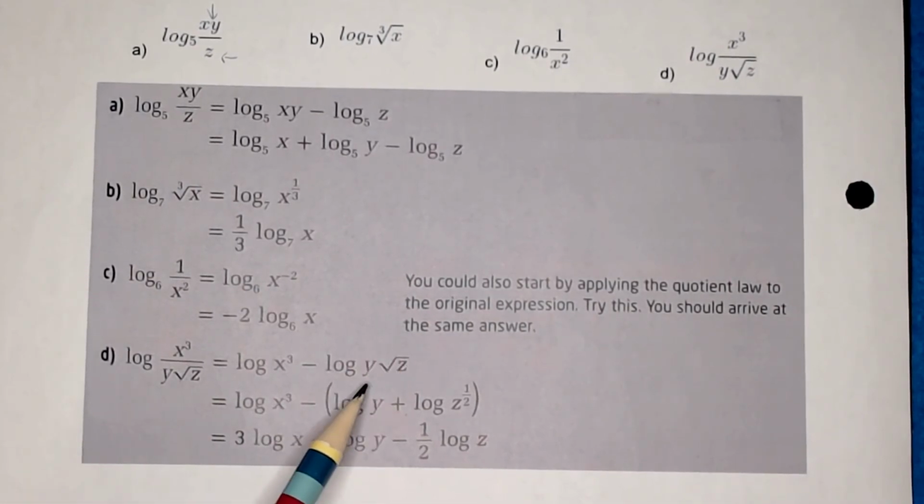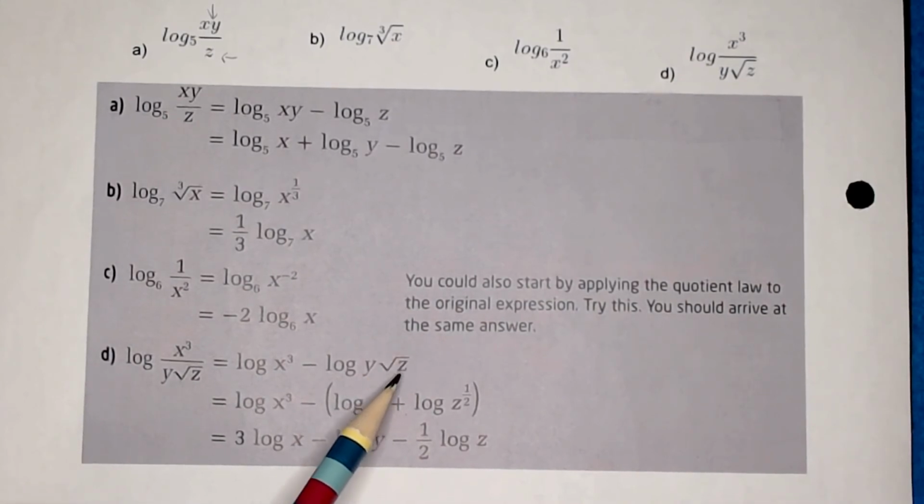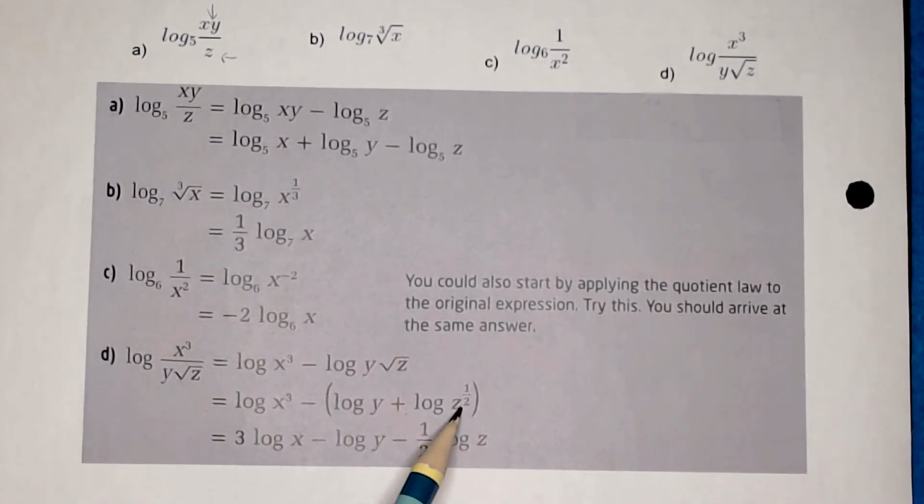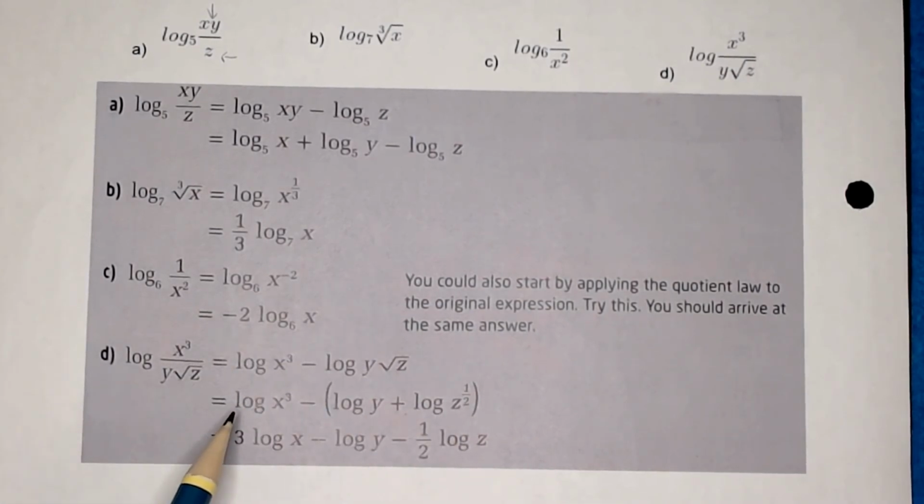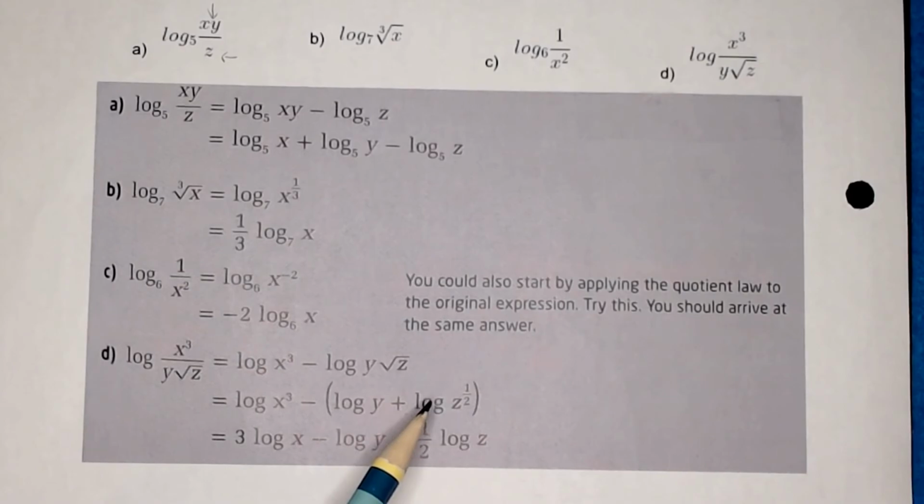And then this term can be further expanded. So if we change the square root of z to exponential form, z to the power of 1/2, it's z to the power of 1, and then take the square root. That's what the fraction means. So we'll have log x cubed minus log y plus log z to the half.